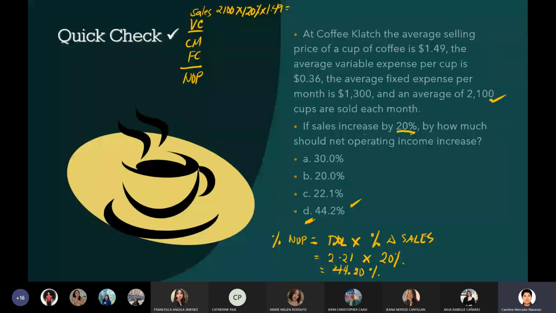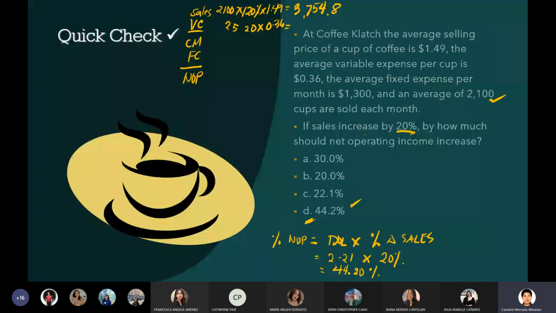So we have here 2,520 units times 1.49. The total changed sales is 3,754.8. Our variable cost is 2,520 times the variable cost per unit of 0.36.